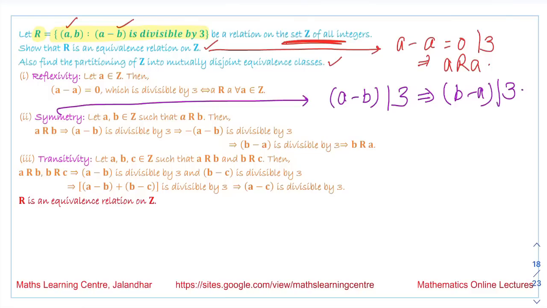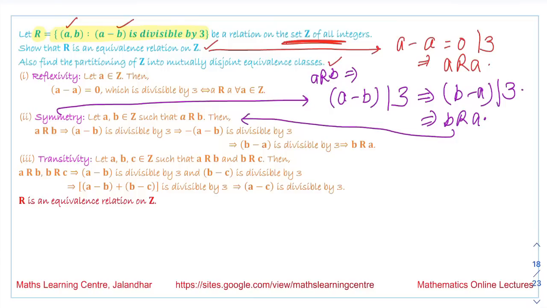You can consider the integer m over here, and correspondingly you can prove this result. So a is related to b implies a minus b is divisible by 3, and b minus a is divisible by 3 implies b is related to a. So combining these results, this relation is symmetric.